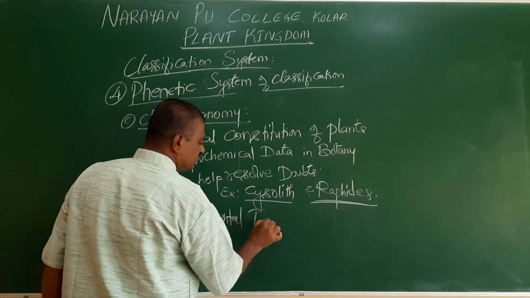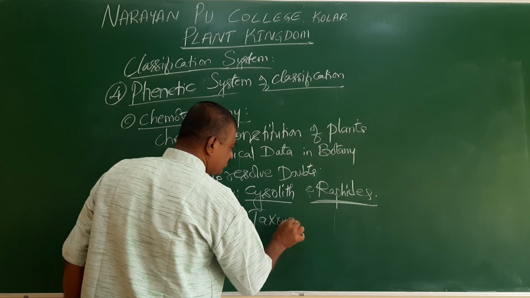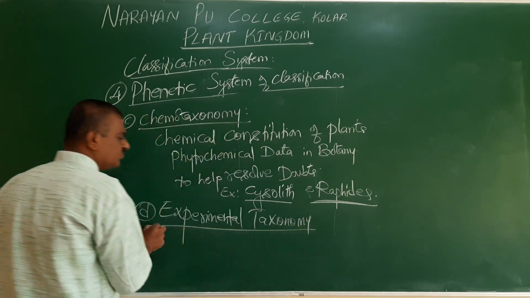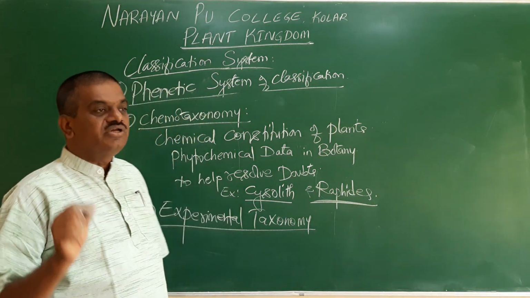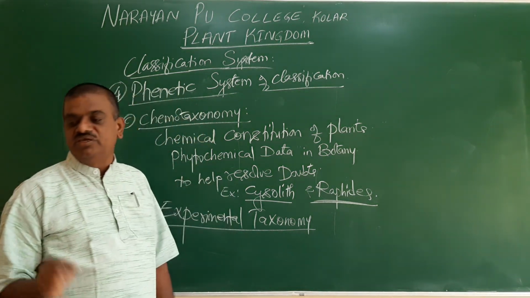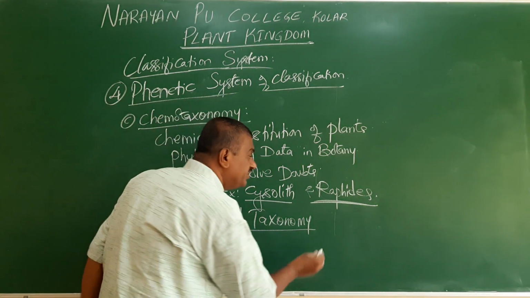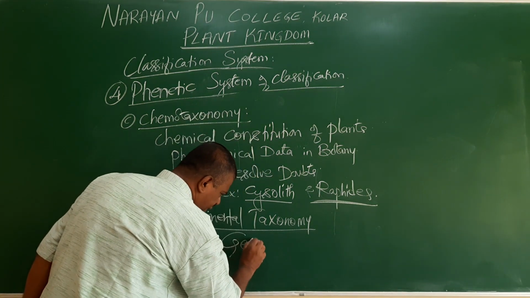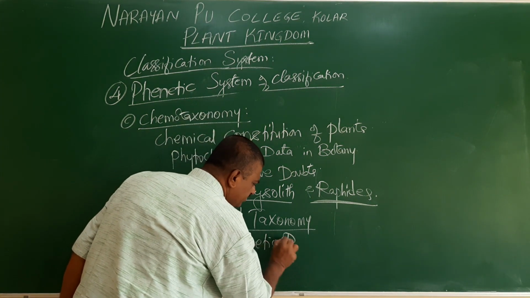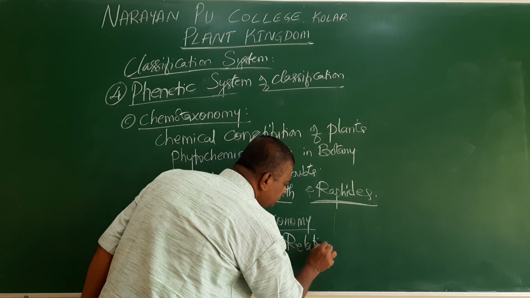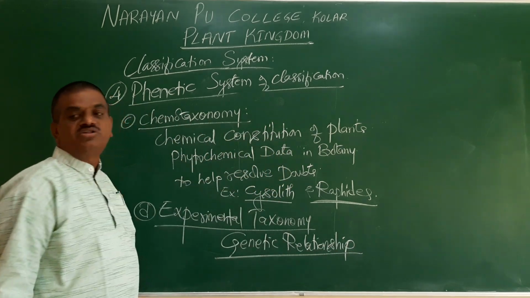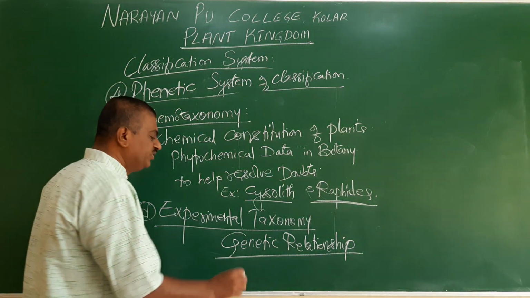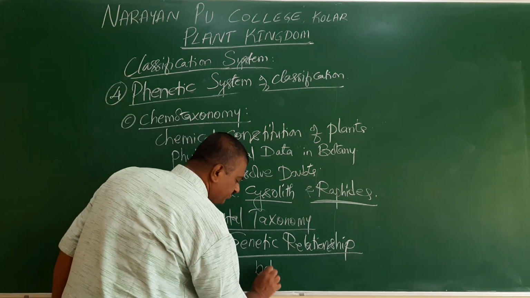The fourth one is called experimental taxonomy. In experimental taxonomy, it is always based on the genetic relationship between the organisms.